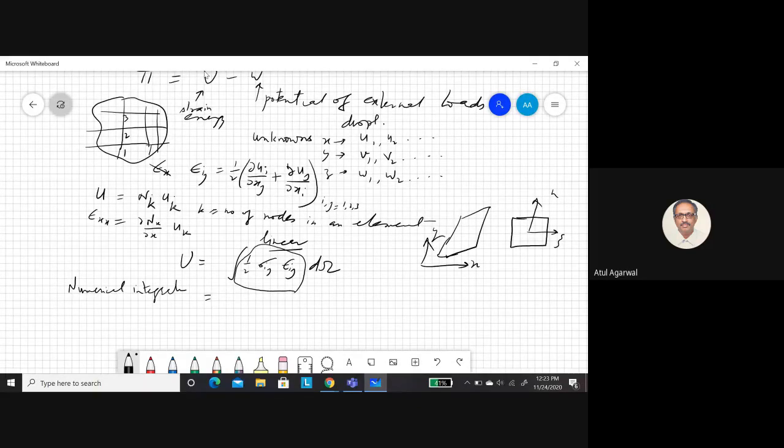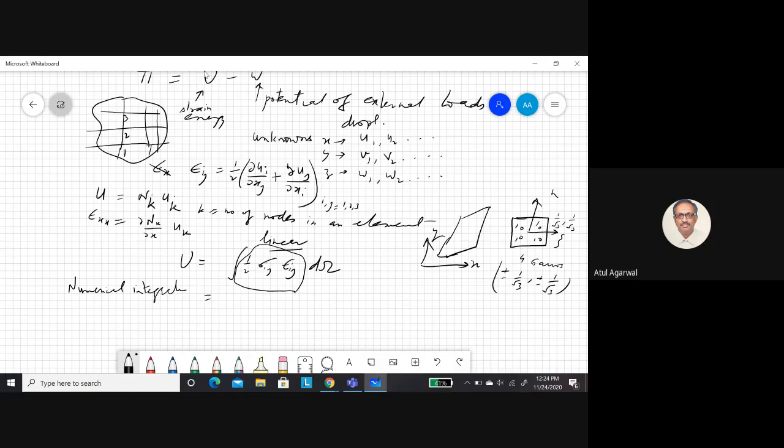For numerical integration, you just take Gauss points. Suppose you are using 4 Gauss points. So you use plus minus 1 by root 3. These are your Gauss points. This will be plus 1 by root 3, 1 by root 3. Similarly, this will be minus. And on these Gauss points, what are your weights? Weights are 1, 1. So this is the simplest rule.